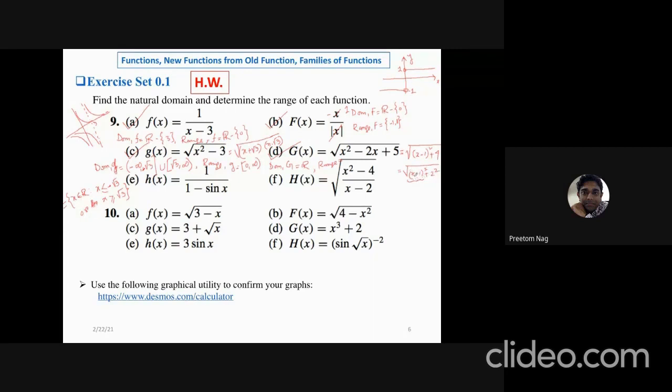So now what will be the minimum value of x minus 1 squared? The minimum value is 0. If we take x equal to 1, then 1 minus 1 is 0, so this term will reduce to only the square root of 4, which means 2. So we start from 2. The range will be from 2 to infinity. Okay, the range here is from 2 to infinity.